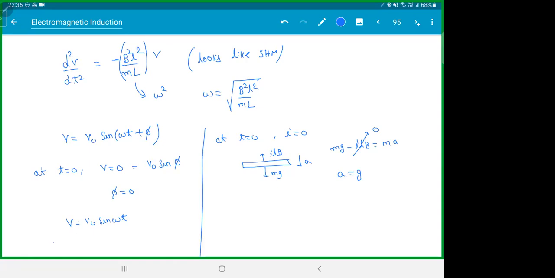So from this equation, what is acceleration? dv by dt, which is V naught omega cos omega t. So at t equals 0, V naught omega cos 0 is g. So V naught is g by omega, because that is how you find the constant.